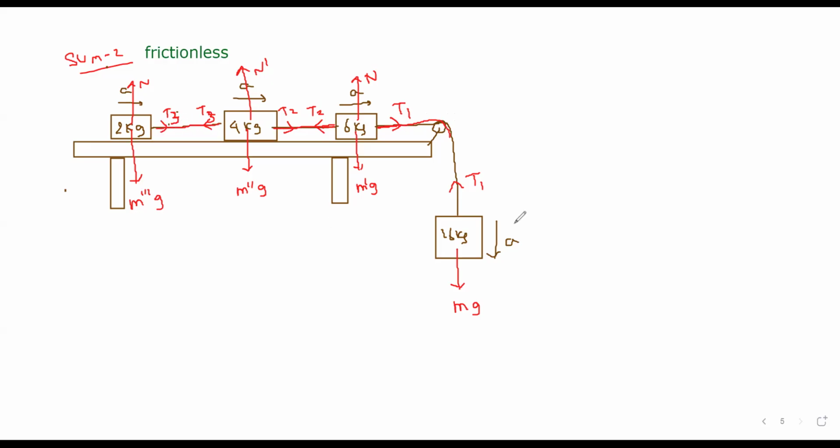And now we draw the free body diagram. First let us look at only the 16 kg. Draw the free body diagram of the 16 kg. Two forces act on the 16 kg object: mg acting downward, T1 acting upward. It is moving in the downward direction.